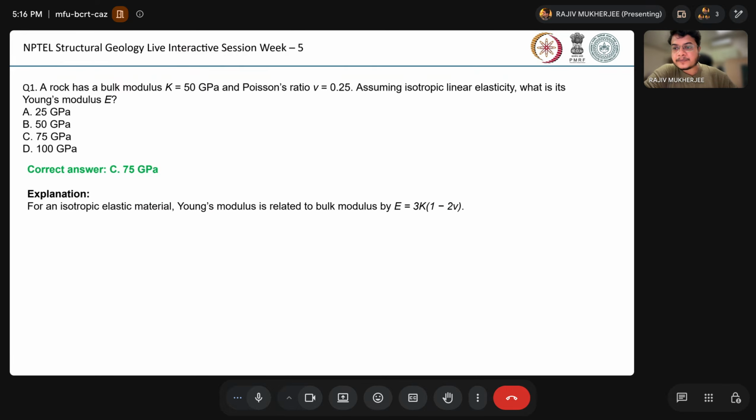For an isotropic elastic material, Young's modulus is related to the bulk modulus by the formula that E is equal to 3 times K into 1 minus twice the Poisson's ratio. So this is the formula we use for isotropic linear elastic material.